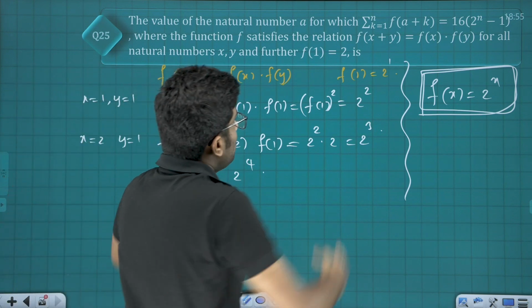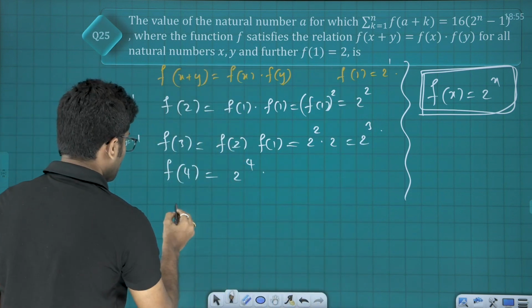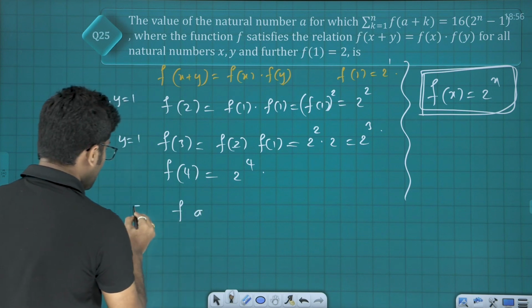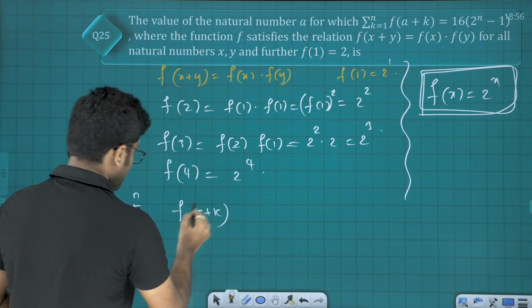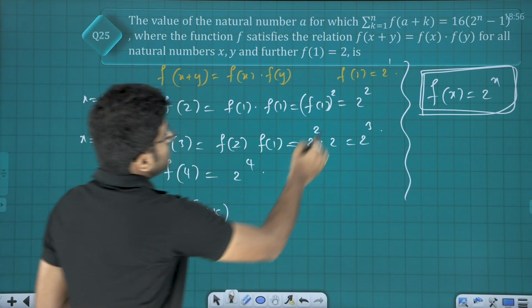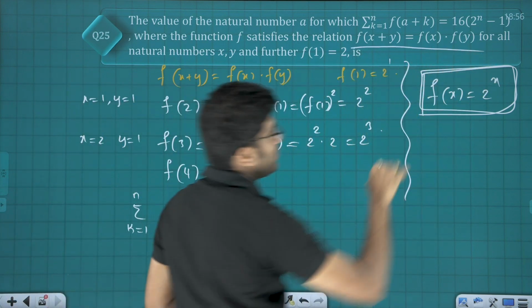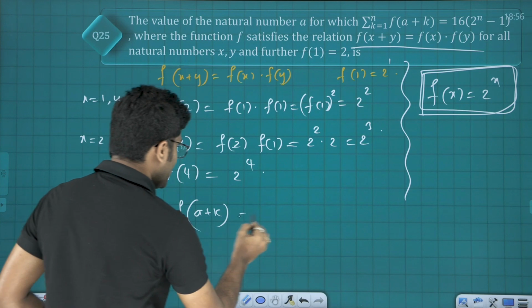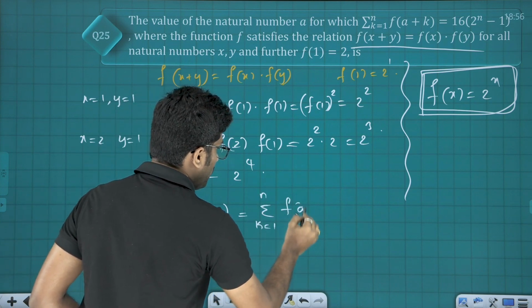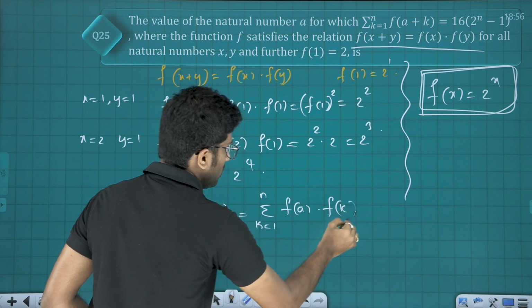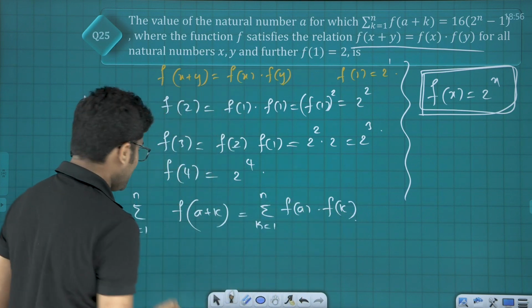Now, take care of that sigma. They have given sigma k equals 1 to n f of a plus k. But by using this principle, f of x plus y is f of x into f of y, we can write it as sigma k equals 1 to n of f of a into f of k. F of a is constant, this can be taken out.